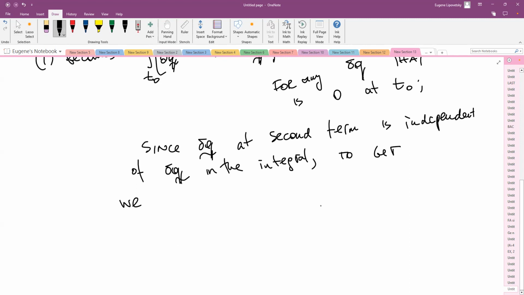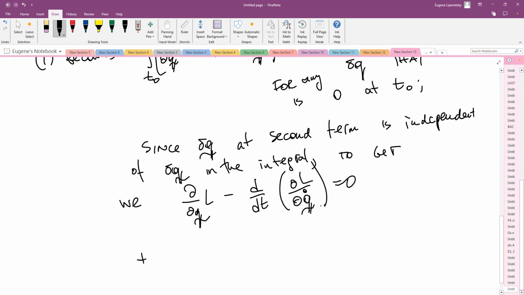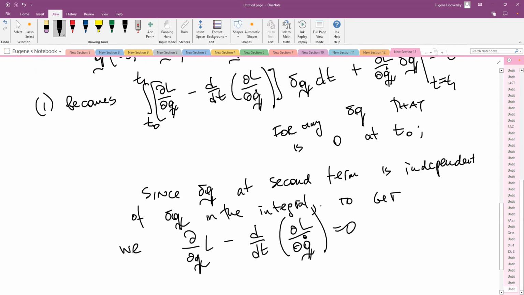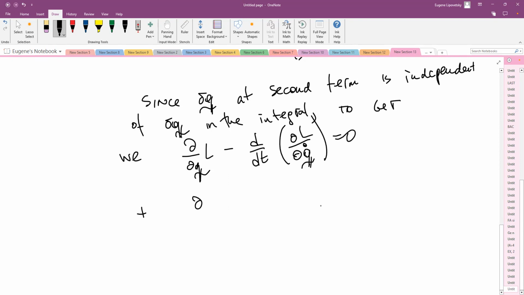First of all, this bracket equal to 0: dL over dQ minus d over dt of dL over dQ dot equals to 0, and another condition, the extra term has to be equal to 0 as well: dL over dQ dot at t1 has to be equal to 0, since delta Q is arbitrary.